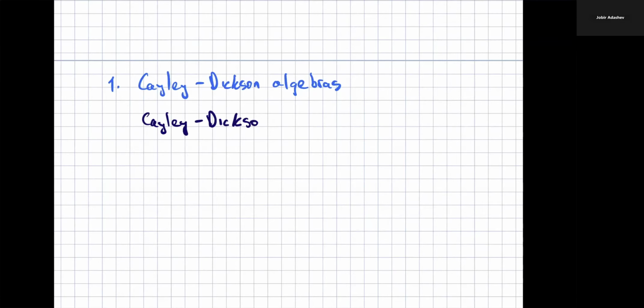So let's start with the first part, the Cayley-Dickson algebras. First I'm going to recall what the Cayley-Dickson process, or doubling, is.